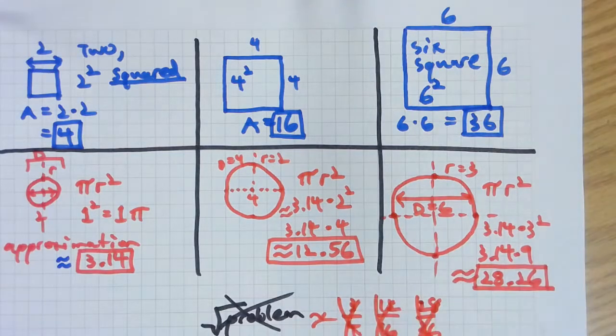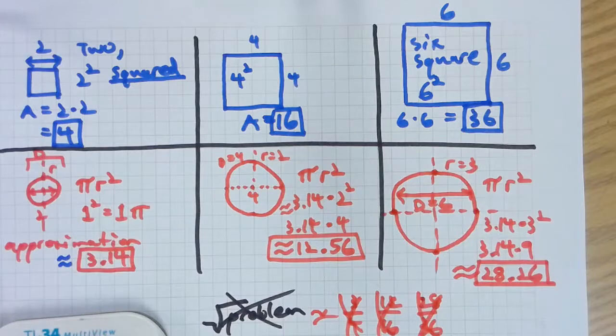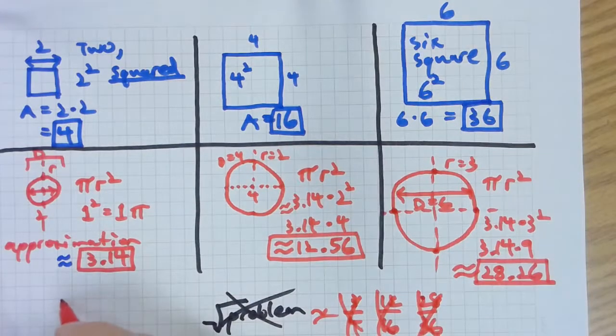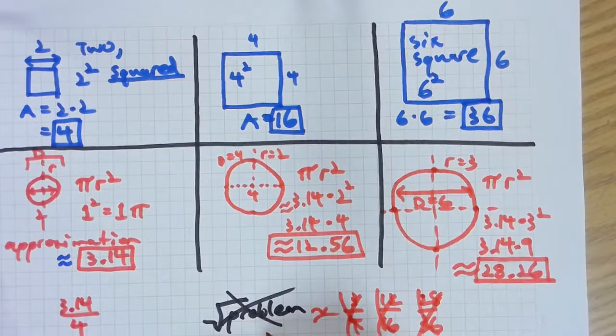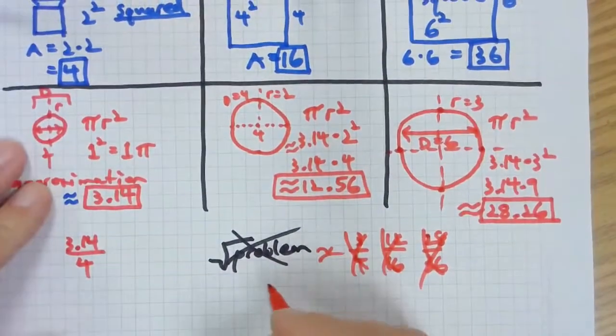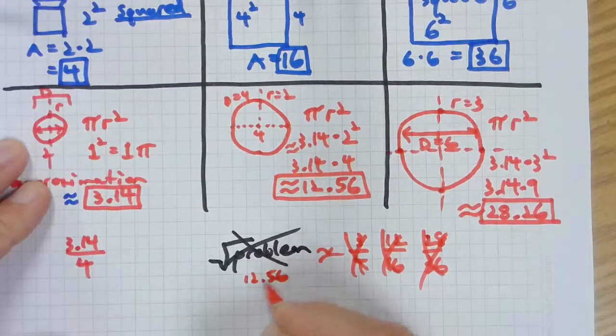So let's test it out. I'm going to take 3.14, divide it by 4, see what my ratio is, my multiplier. On this one, I'm going to take 12.56 divided by 16.